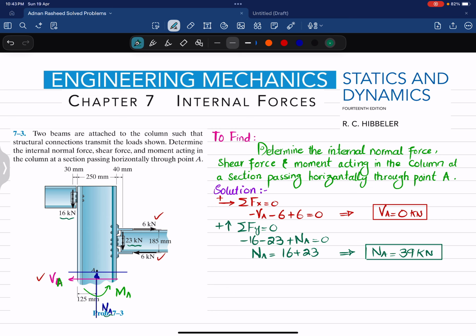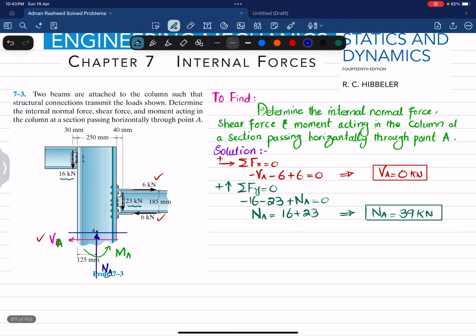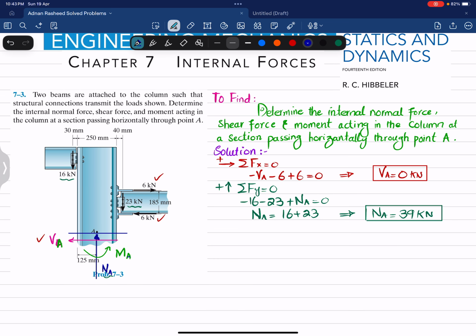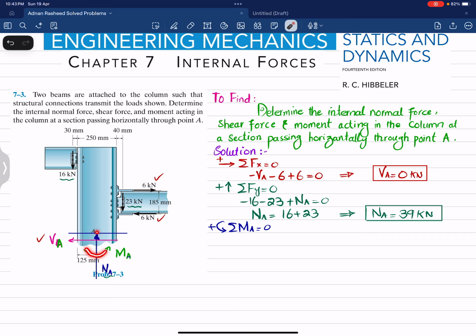Now the last thing that we are going to find out is this moment about A. For that we apply the equation that the sum of all moments about point A is equal to 0, taking the counterclockwise moment as positive. About point A, this moment is MA, which is taken as a counterclockwise internal moment at point A, so I will write MA.